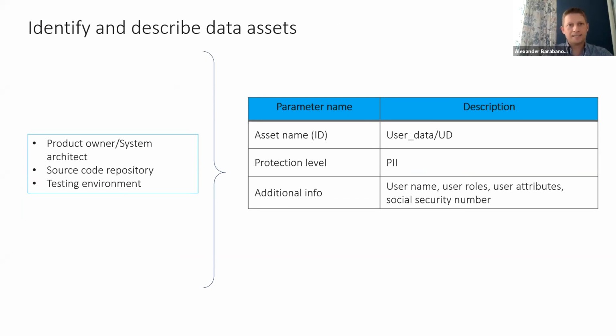And you may add some additional information that clarifies that type of data asset. Again, you cannot just execute one command. You have to collaborate with a business architect or product owner in order to understand the main business function of your application, main features and data, in order to derive what data assets are valuable from a security perspective.